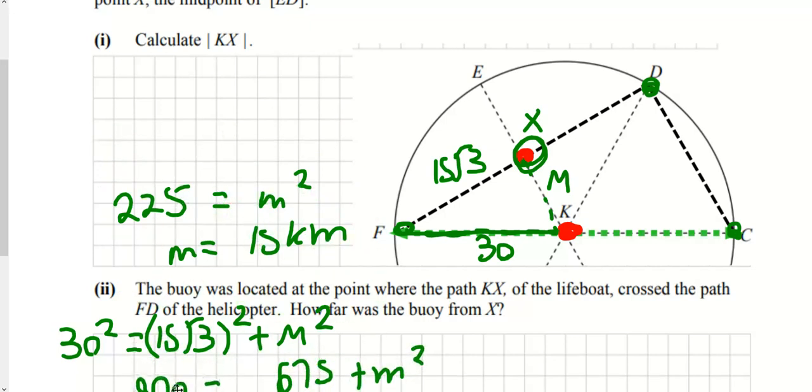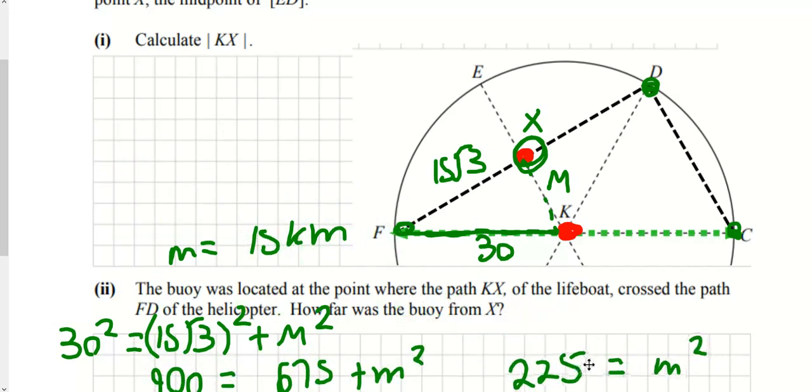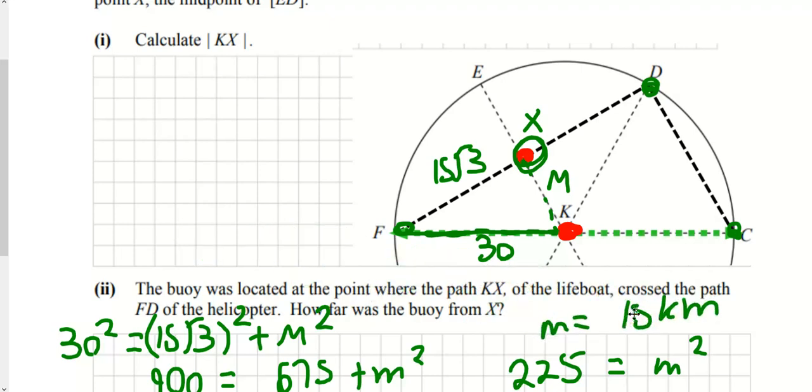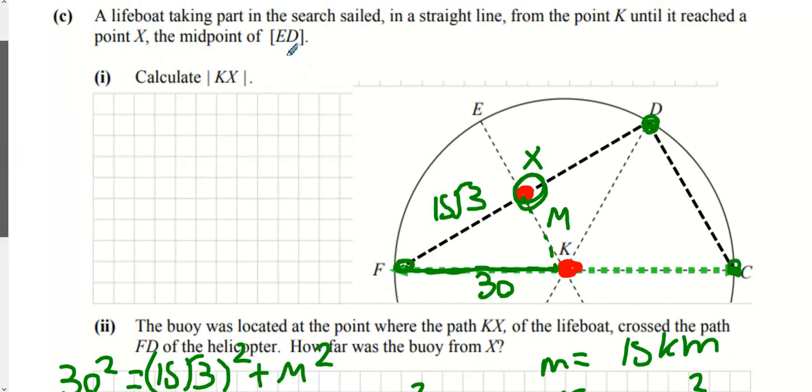Sorry, that's my bad. I read it as the midpoint of FD, not the midpoint of ED. So I have to do that again now.